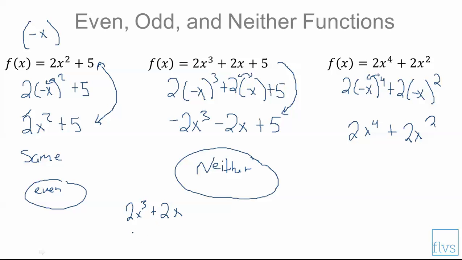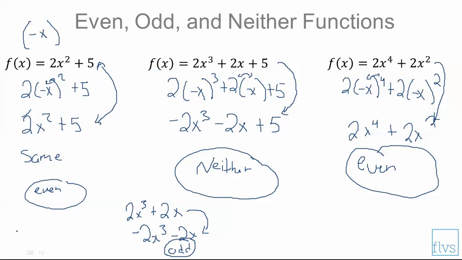If I did the same thing, I'd end up with negative 2x to the third minus 2x. Well, if you compare these two together, it's the exact opposite. And so when you have the exact opposite, it would be odd. On this last one, when you compare them together, they're the same, which means that they are even.